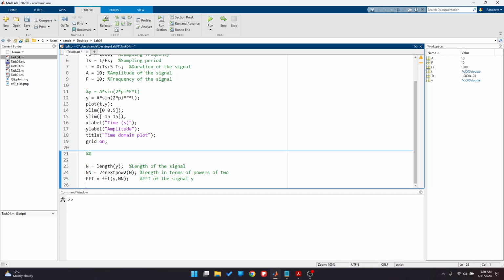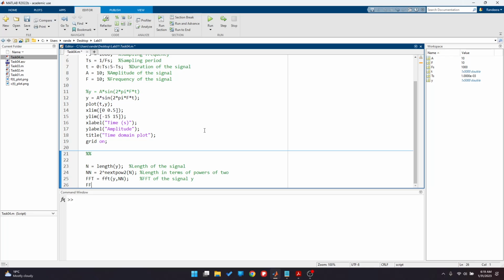First things first, we need to remove the mirror image, because when you directly plot the FFT, it plots a mirror image. That means the two signals on either side. But we don't need that. We only need the signal from one side. So we need to remove the mirror image.